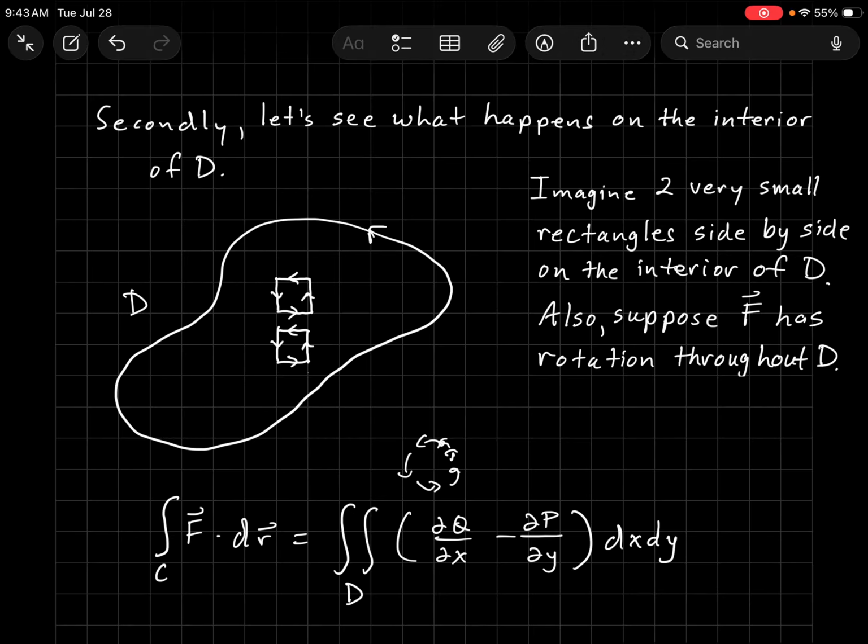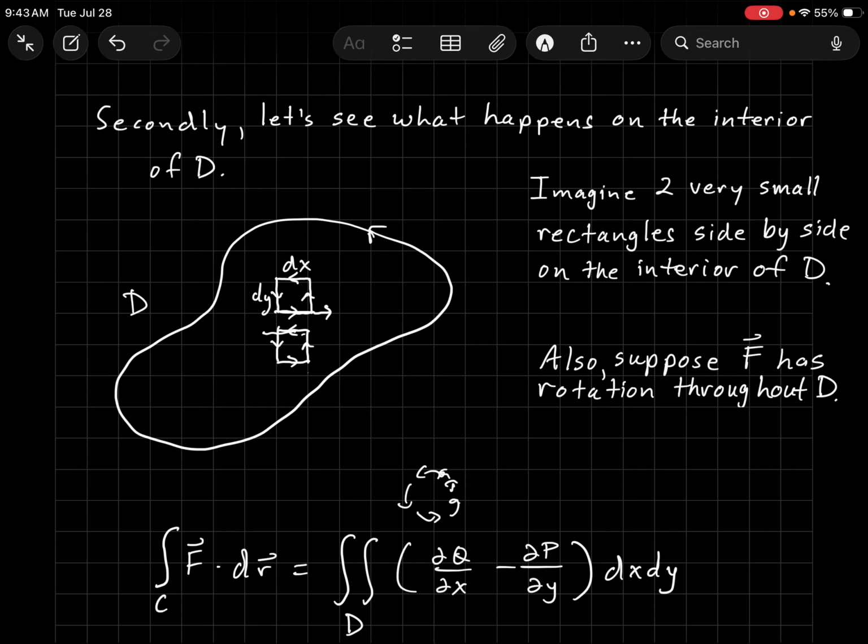Now suppose that we want to integrate over dx dy. Well, what's happening? Down here on the bottom part, we're going this direction. But on the rectangle right next to it, which should be touching, the rotation is the opposite direction. Like that.